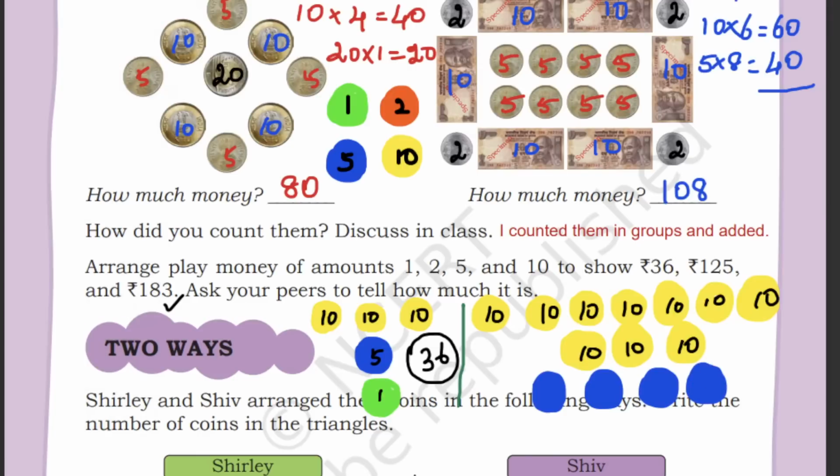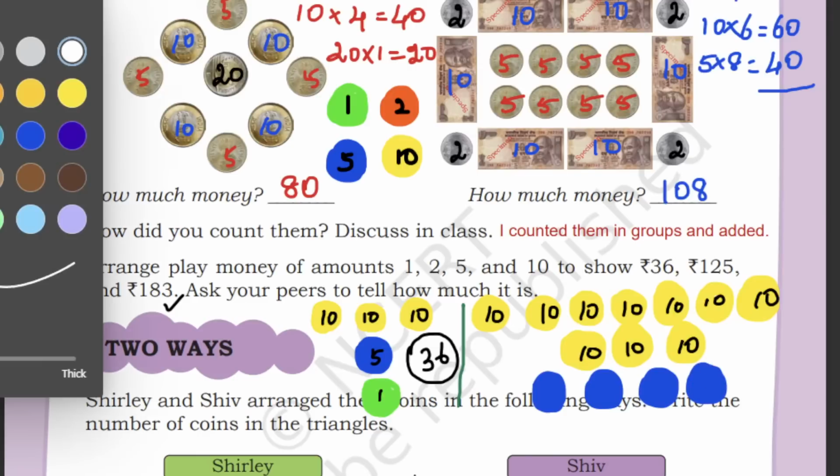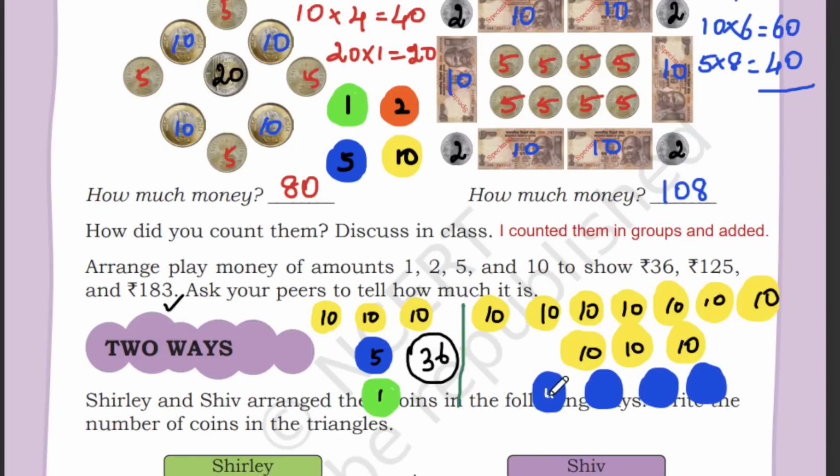So these are 5 rupees. 5, 5, 5, 5. So now we got 120. So 10, 20, 30, 40, 50, 60, 70, 80, 90, 100, 105, 110, 115, 120.